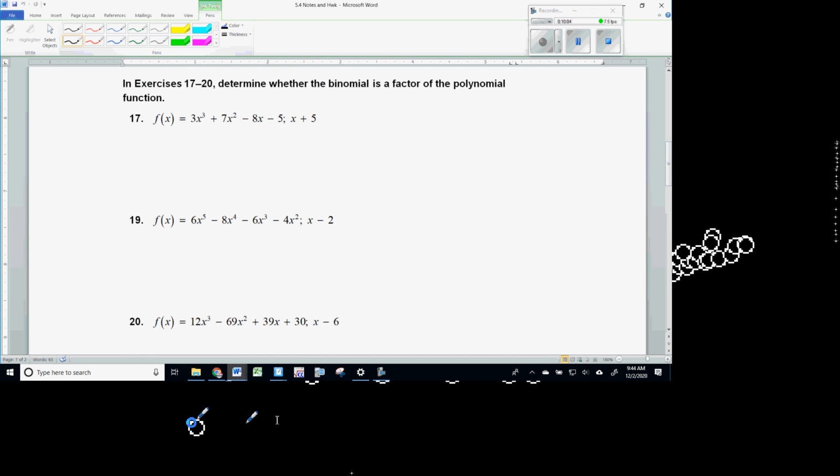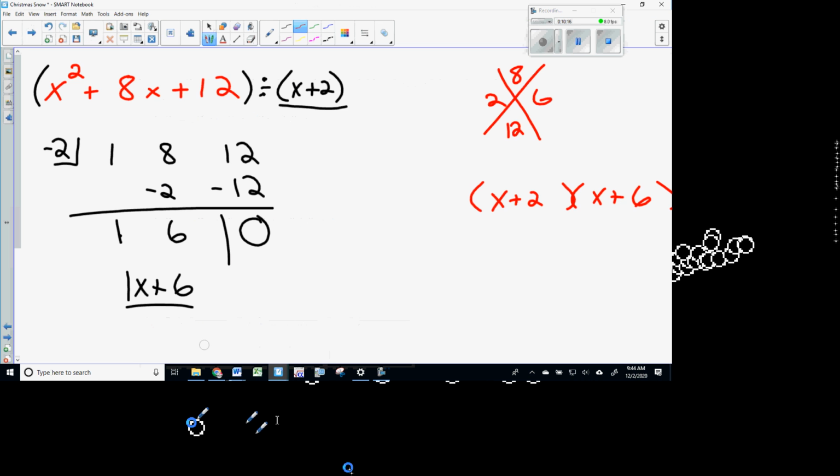So the question is, is x plus 5 a factor of this polynomial? Now, when it was just like this, we could factor that ourselves and kind of determine it ahead of time.